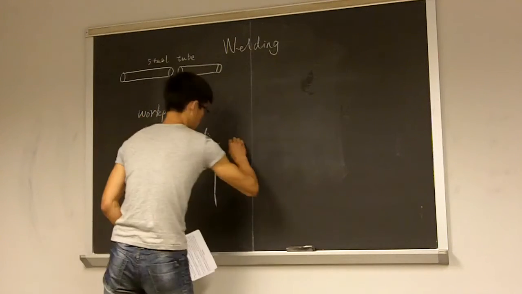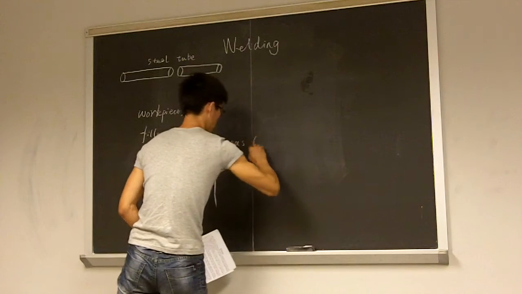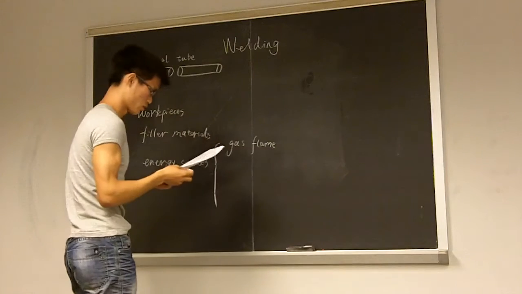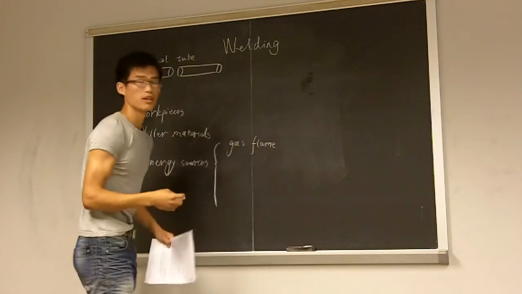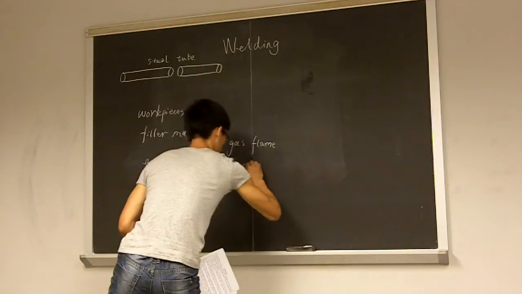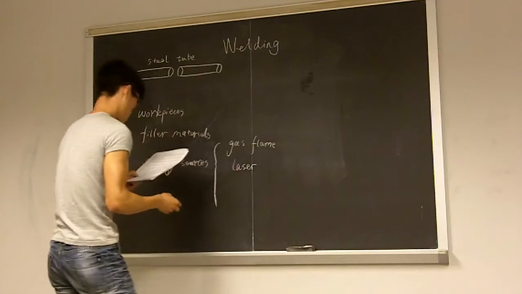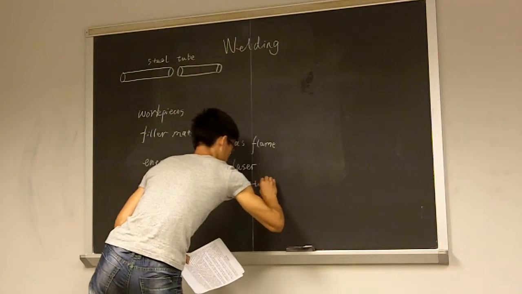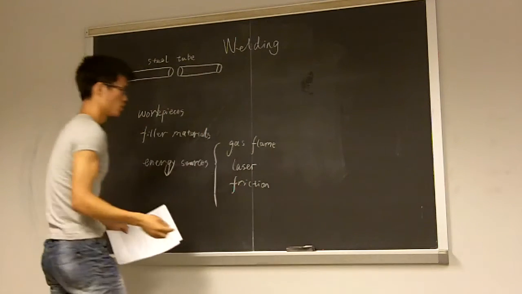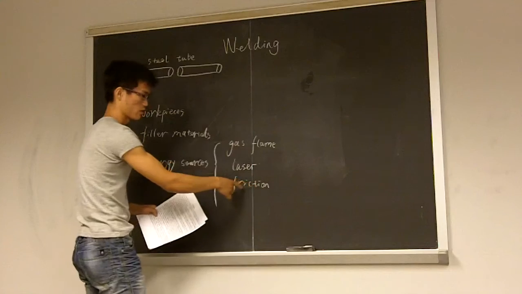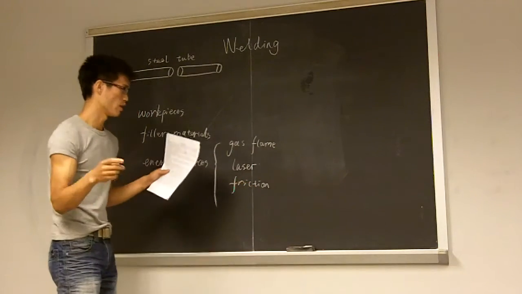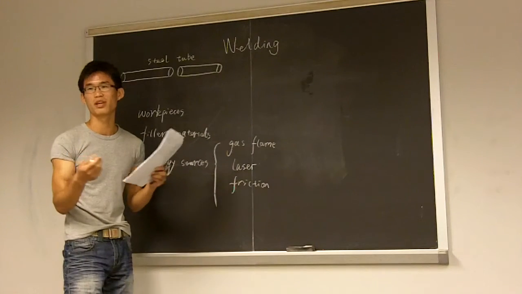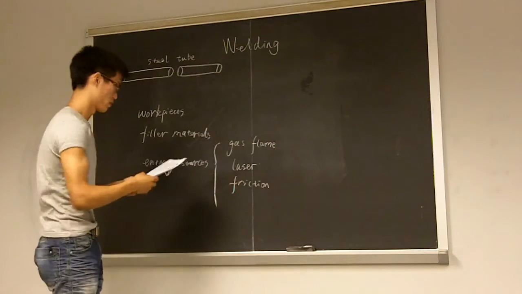gas flame, laser, friction. Maybe you are a little confused about friction, but we know that if we put two things together and rub them, then heat will be produced.